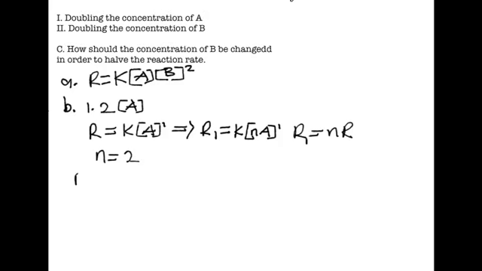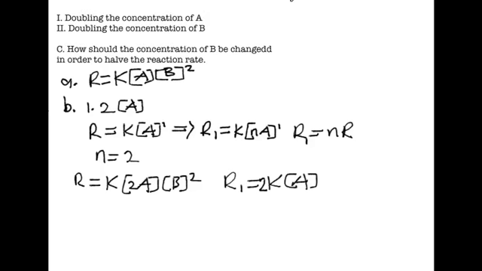So when we write our rate equation this way, we have a constant, and then we have 2A. And then we can write our new rate, which is R1 again, to be equal to a constant, and then, let's bring the 2 out, so we have A to the power 2 for B. So how do we know that the rate will double?